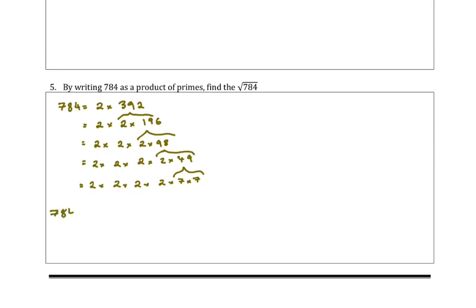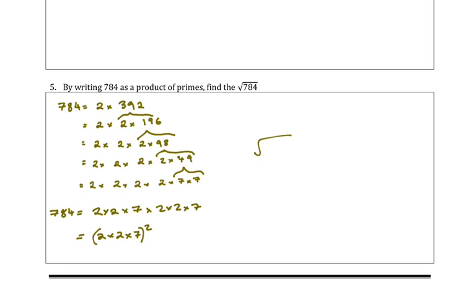Okay, 784 I could rewrite using the commutative law as 2 times 2 times 7 times 2 times 2 times 7. Now what I've effectively done there is split it into 2 groups. Since I've split it into 2 groups, this is the same as writing the group times by itself or writing the group squared. So 784 is 2 times 2 times 7 times 2 times 2 times 7, which is 2 times 2 times 7, all squared.